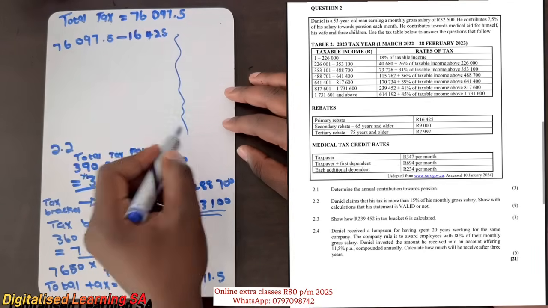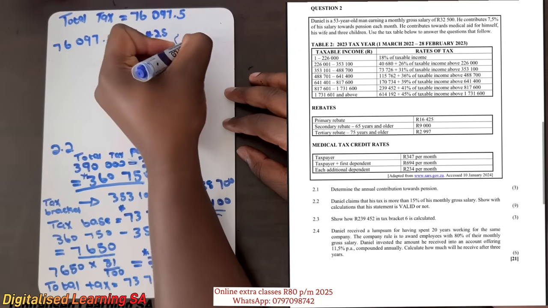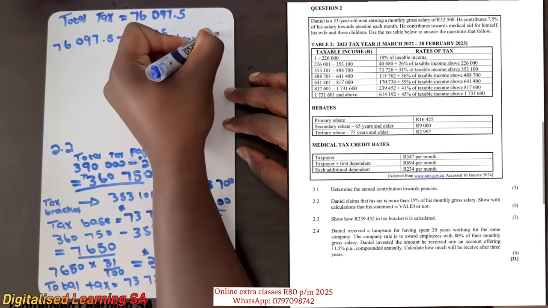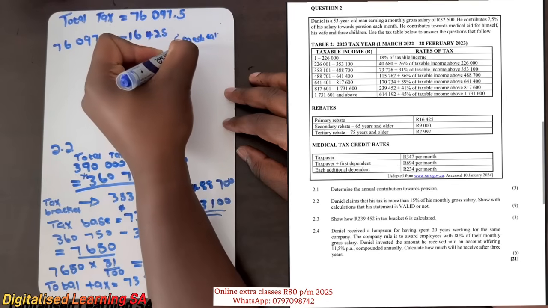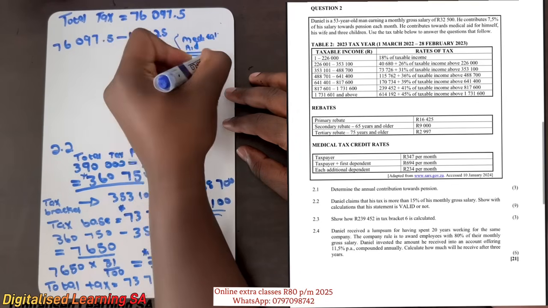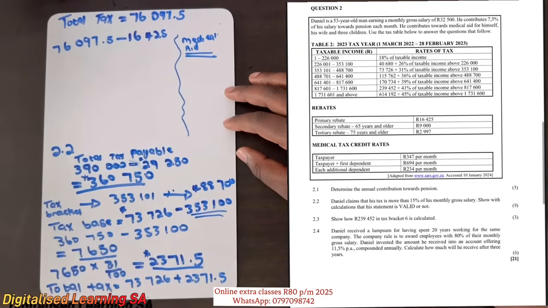Now let's calculate the medical aid. Let's see how much he pays for medical aid, so that we can also remove it from the total tax paid to SARS. If we go back to our statement, we are told that he contributes towards medical aid for himself, his wife, and 3 children.